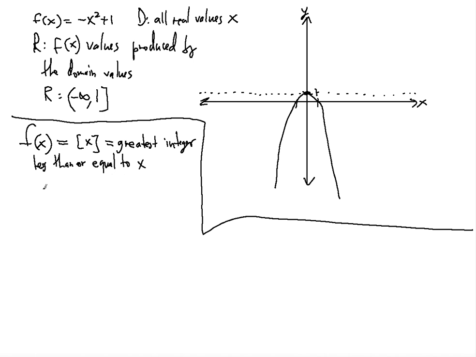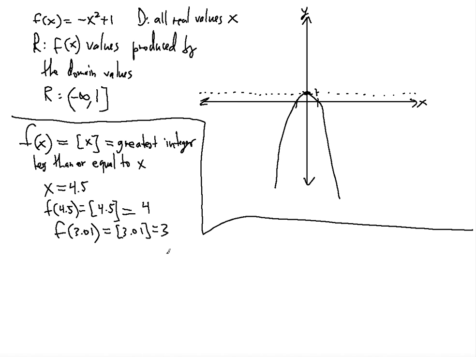So suppose that if I give you x equal to 4.5, then f(4.5) will be the bracket of 4.5, and as we said, it means the greatest integer less than or equal to x. The greatest integer less than or equal to 4.5 is going to be 4. And the same thing if we were to do 3.01, the greatest integer less than or equal to 3.01 is going to be 3, and so on.